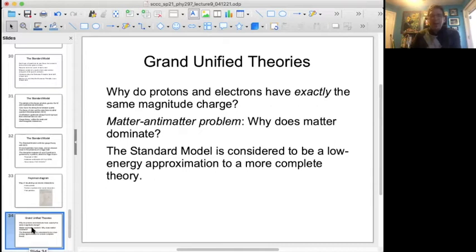So some big unanswered questions. The standard model at present is considered to be a low energy approximation to a more complete theory. A lot of physicists expect to find holes in the standard model as they work at higher energies, much the same way that Einstein showed that Newtonian physics doesn't work when you get to a high enough velocity.